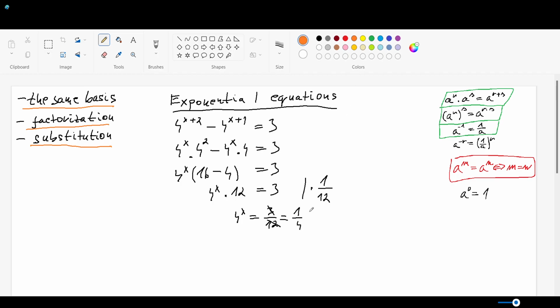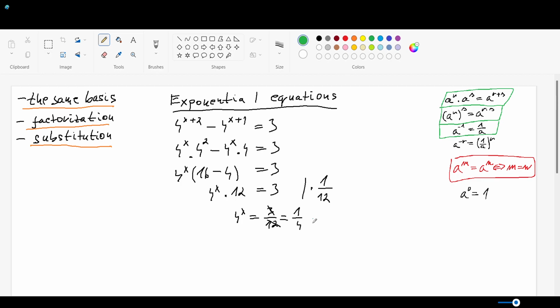As you can now see, we have number 4 here and number 4 here, which is quite close to what we want to get. So now the question is, how can this fraction become 4 to the power of some number? And yes, you are right.